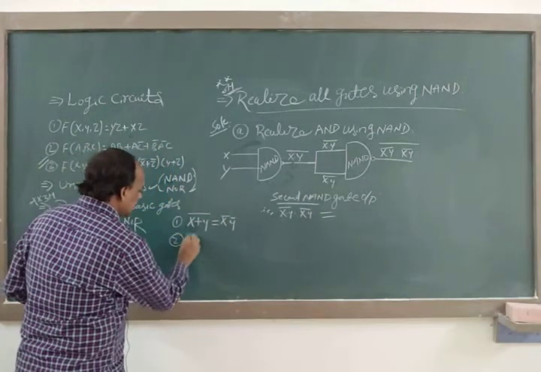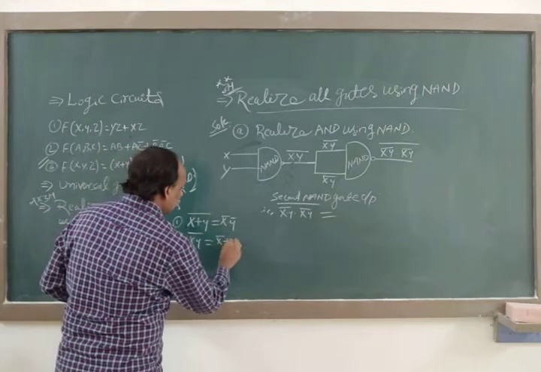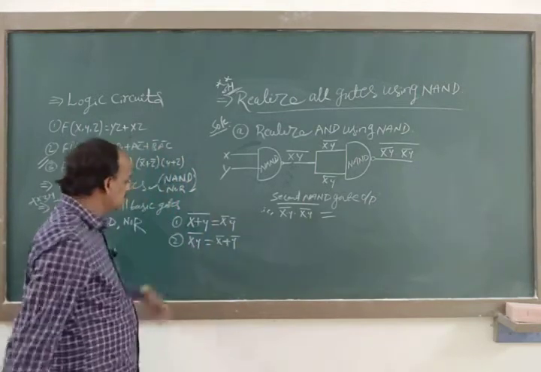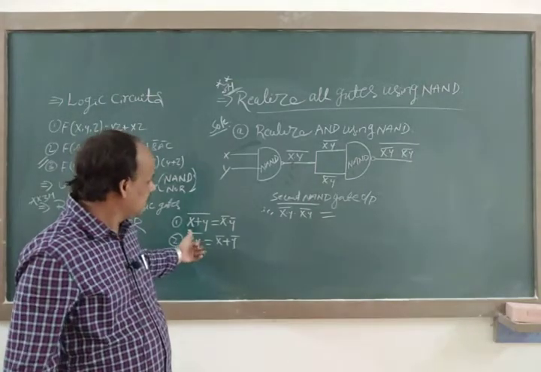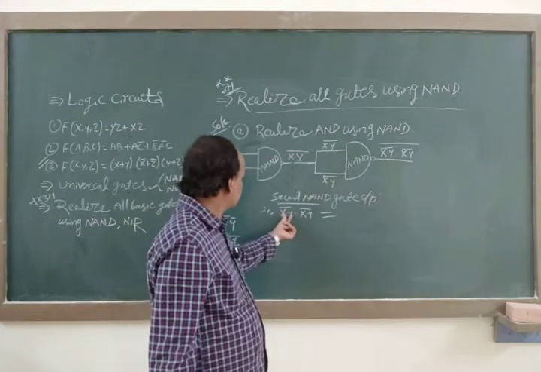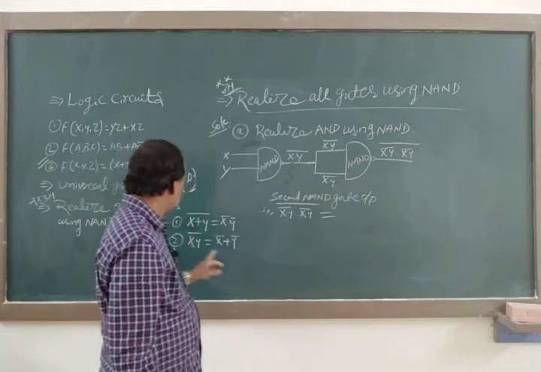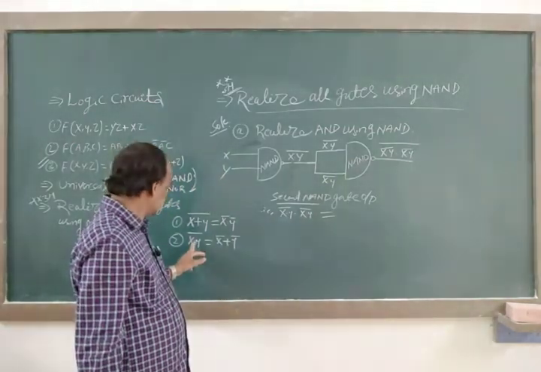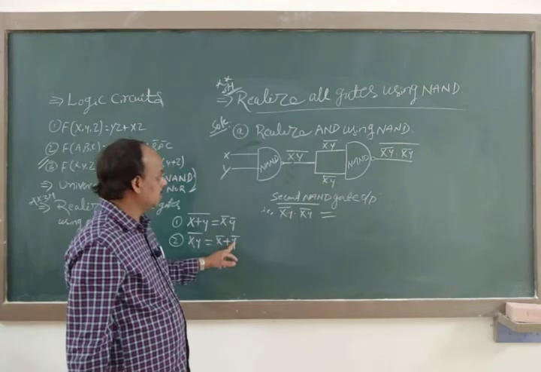And the second theorem says x into y whole bar is equal to x bar plus y bar. We are referring to these theorems here. So see here, first term into second term whole bar is in the second theorem form. So this can be written as x bar plus y bar.